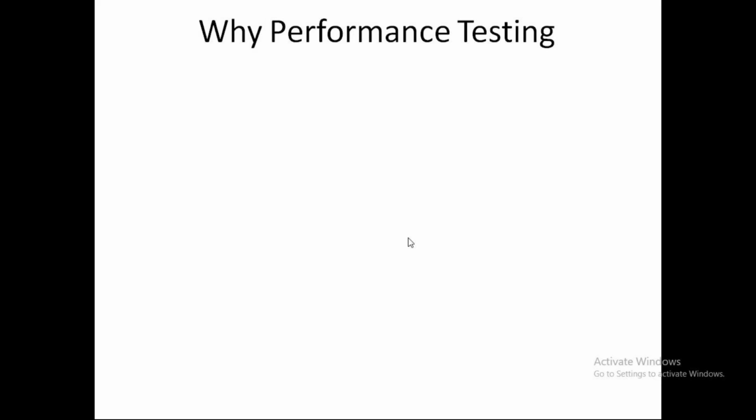They write so many test cases, they test so many scenarios, positive scenarios, negative scenarios. Then why one more phase of testing, that is the performance testing, right? Why is it required? Clear guys?